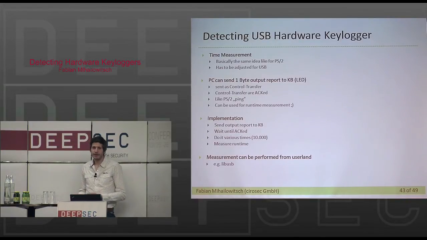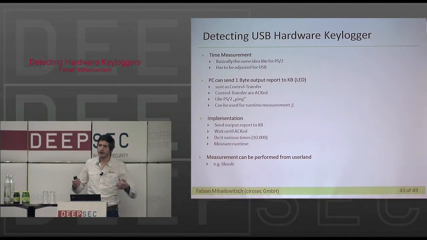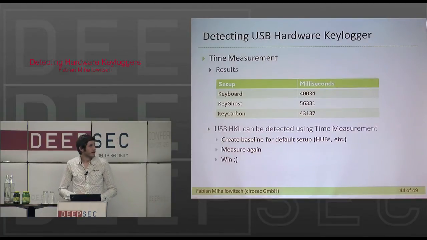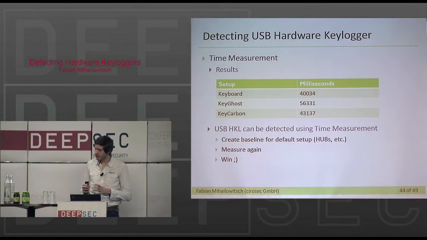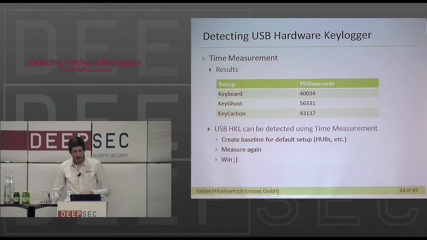The cool thing about that is you don't even have to go to kernel land because timing differences are bigger, and you can do it from user land, e.g. using libUSB. These are my results for that. You can see the keyboard and the amount of milliseconds it takes to do so, and with the keyloggers in place, you can see there's that slide.